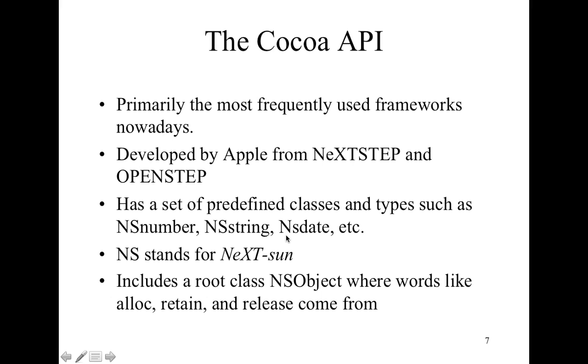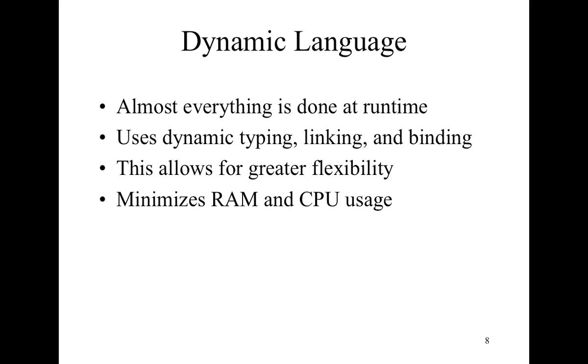So now you know it's from NeXTSTEP, and then GNUstep came from NeXTSTEP. So it includes the root classes for NSObject, which is where that NSObject is coming from. So those are words like alloc, retain, release. Everything comes from NSObject, which is the core library and the core thing.